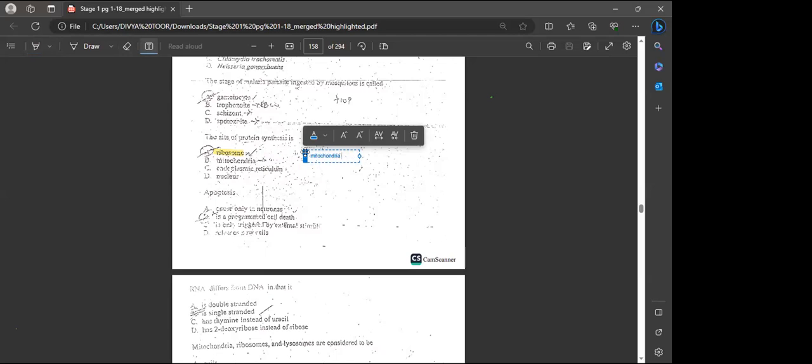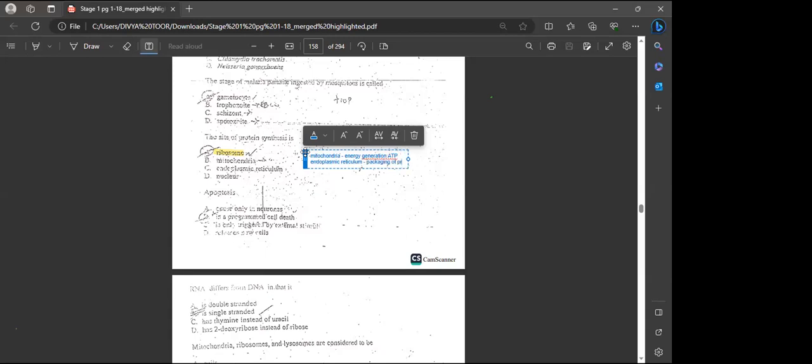Mitochondria is energy generation, we have ATP. The endoplasmic reticulum is more about packaging of proteins.